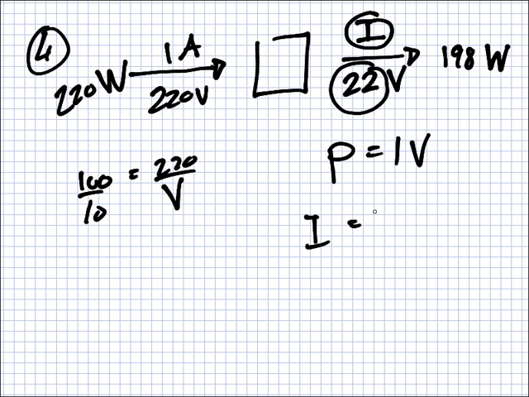The current is P over V, which is going to be 198 over 22. What's that? Exact? Yeah.